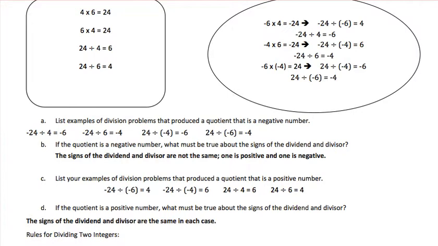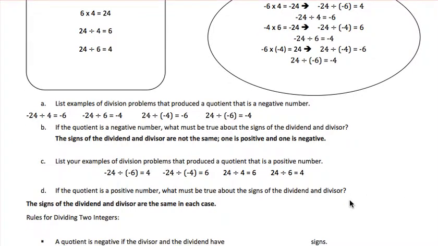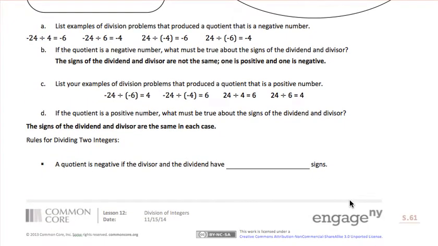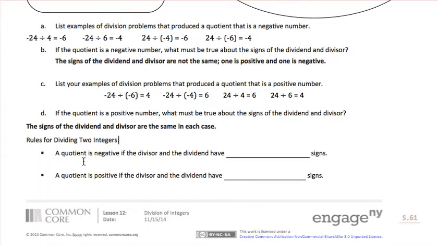At this point, we'll need to create rules for dividing 2 integers. If the quotient is negative, the divisor and the dividend have opposite signs. And if the quotient is positive, the divisor and the dividend have the same signs.